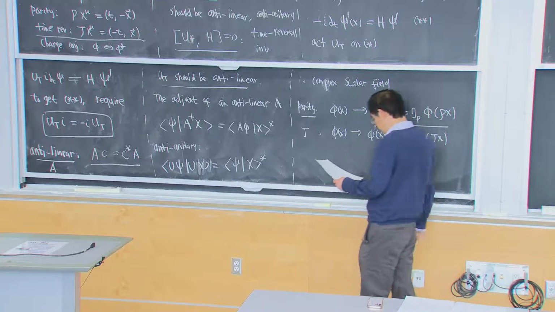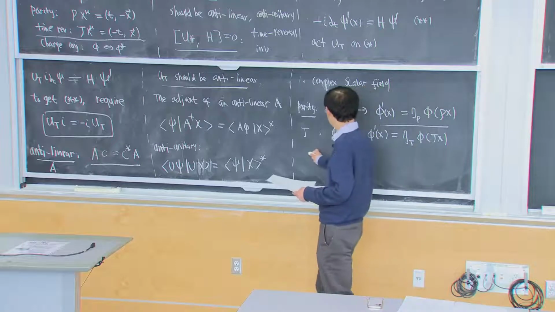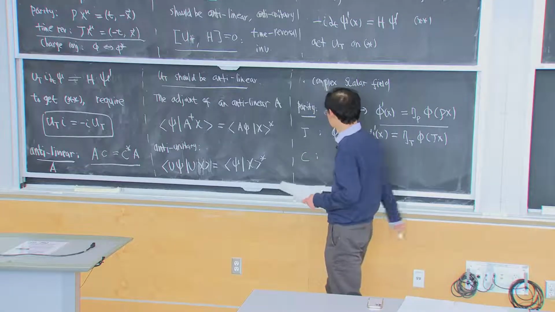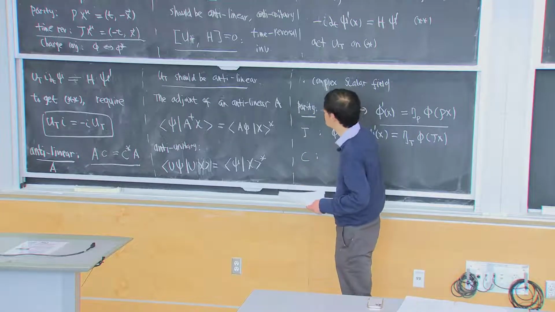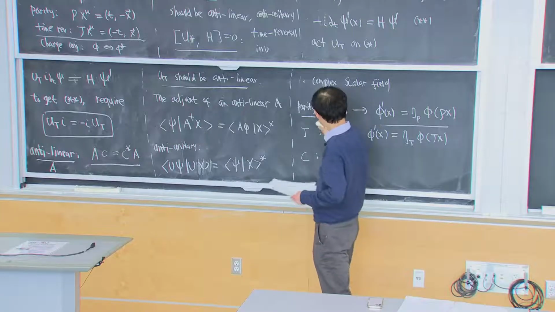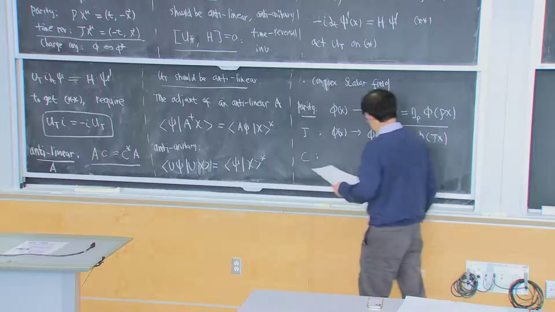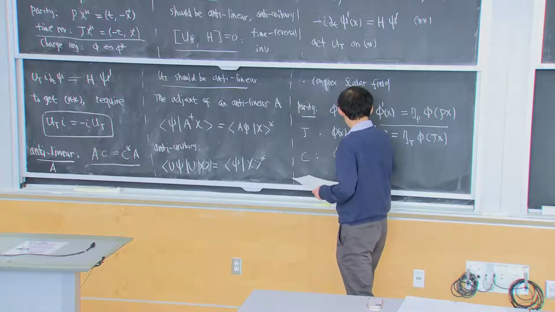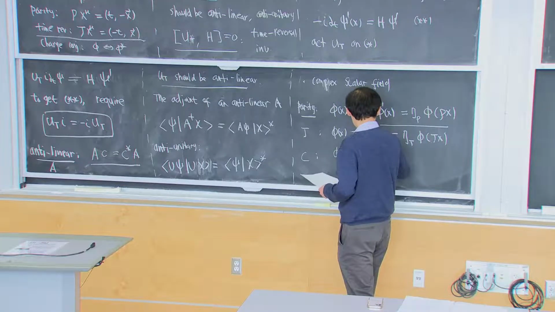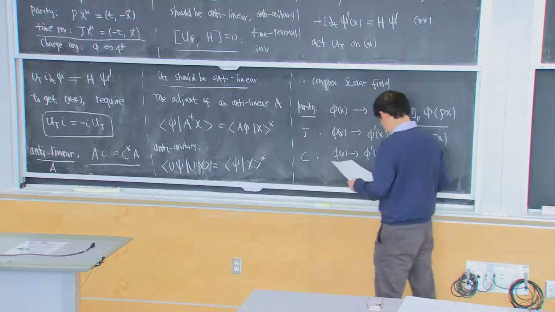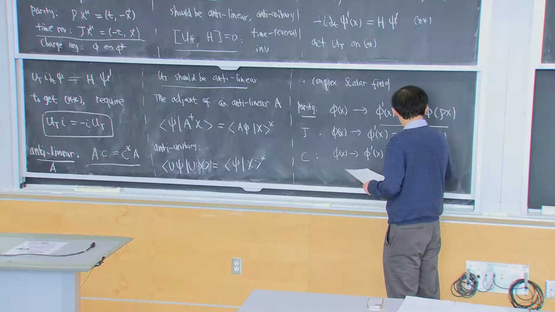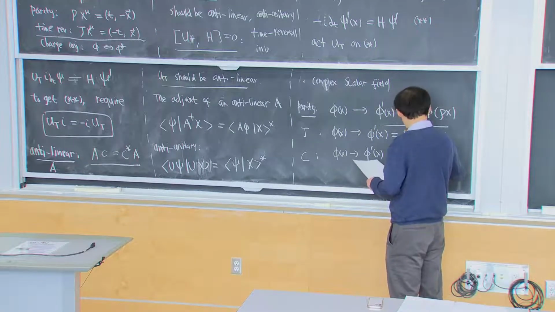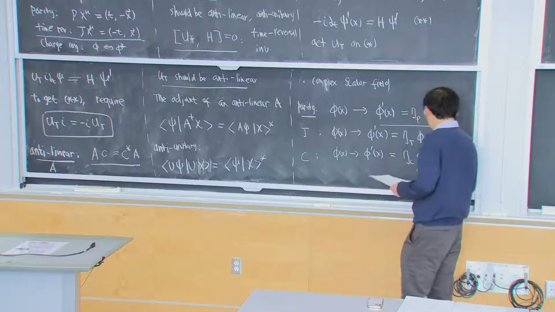And then the charge conjugation is normally called C. So parity is normally called P. Here it's corresponding to phi(x) going to phi prime(x) equal to eta_C phi star(x).